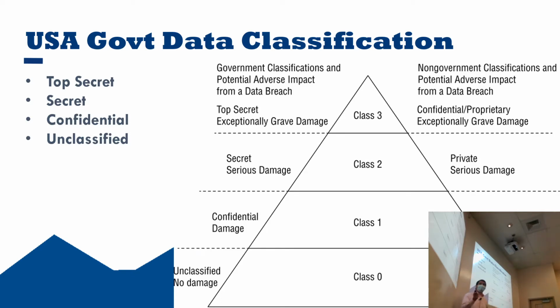Okay, they have unclassified. If something is unclassified, you can think of it as being freely available on a website. Not every piece of unclassified information is freely available on a website, but if you get in that mindset of thinking that it's already out there, they published it knowing that it wouldn't cause any damage, I think it'll make a lot of sense. Okay, the other end of the spectrum here, we have top secret. Okay, top secret is information that is definitely not freely published.